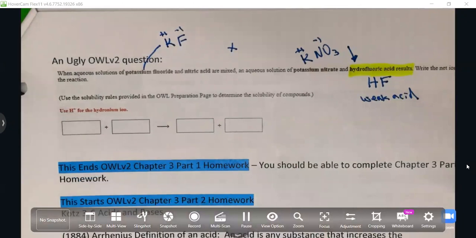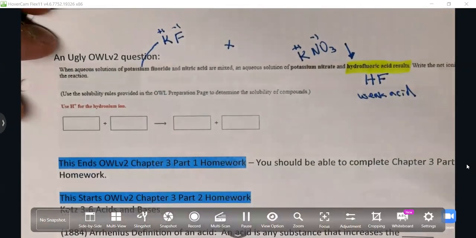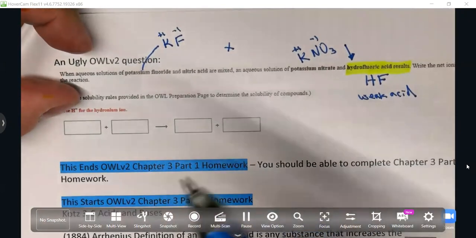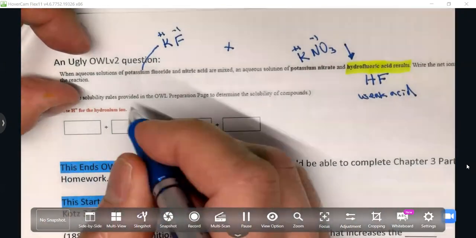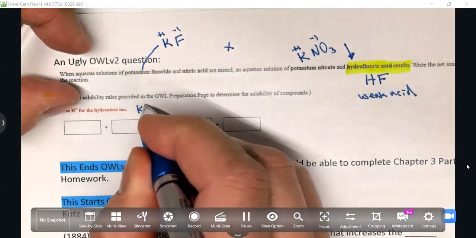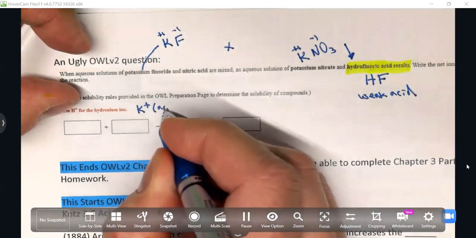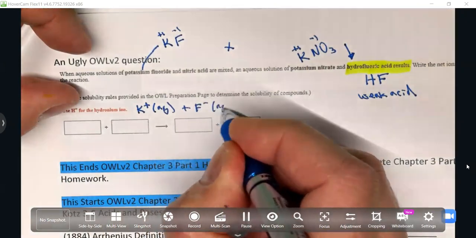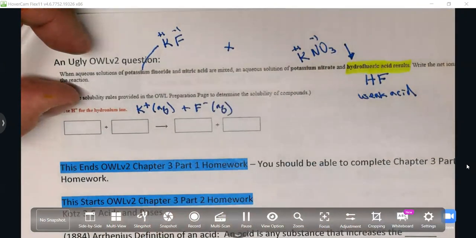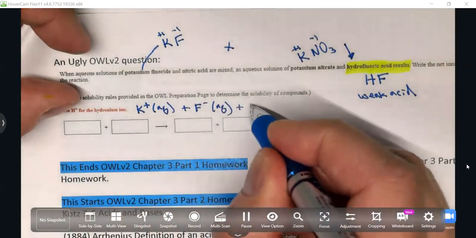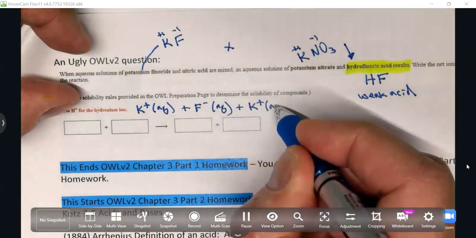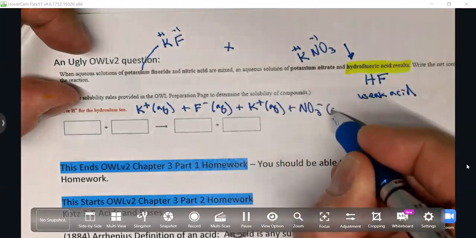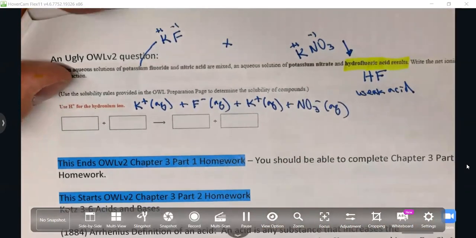Write the net ionic for this. So we're going to write this thing out here. For this reaction, we are going to get K plus aqueous, F minus aqueous, K plus aqueous, NO3 minus aqueous.